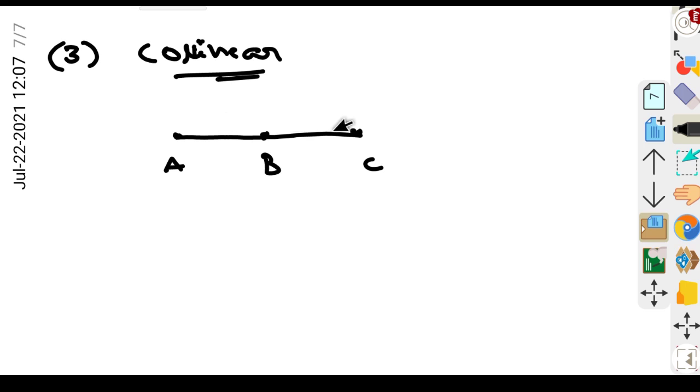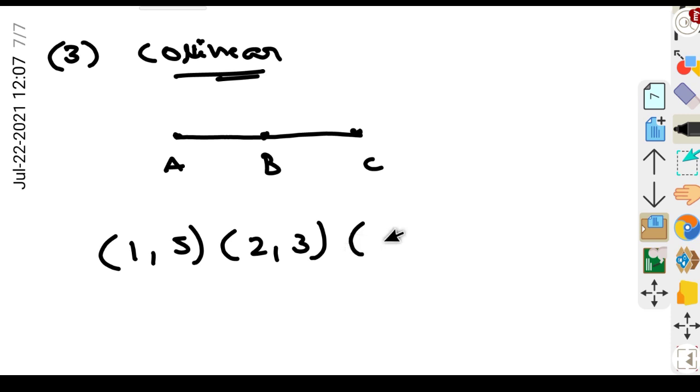So in the question, they are asking to determine if the given points, (1, 5), (2, 3) and (minus 2, minus 11), are collinear. You need to check whether these 3 coordinate points lie on a single straight line. That is what you need to find.